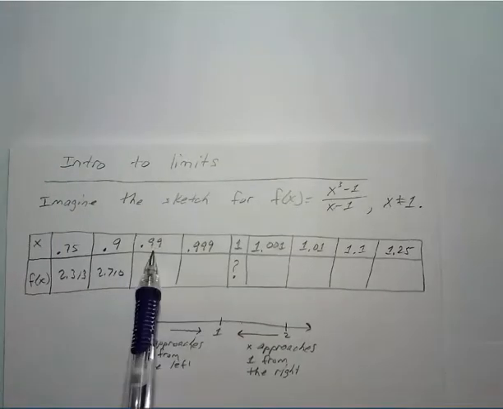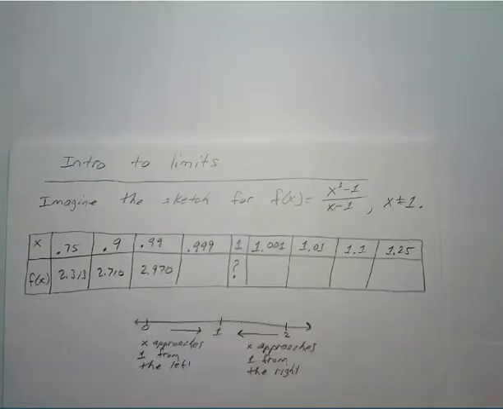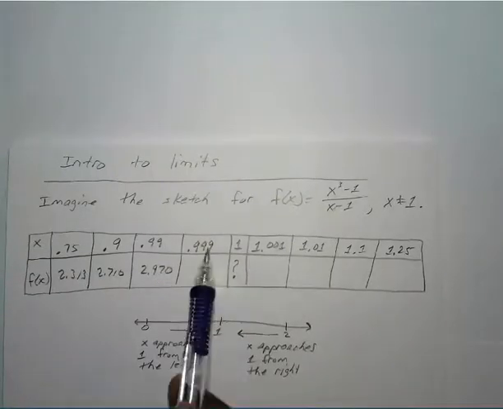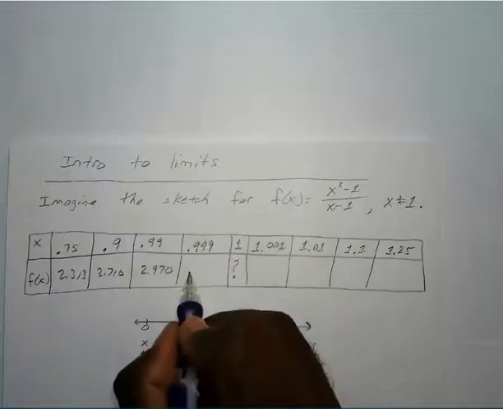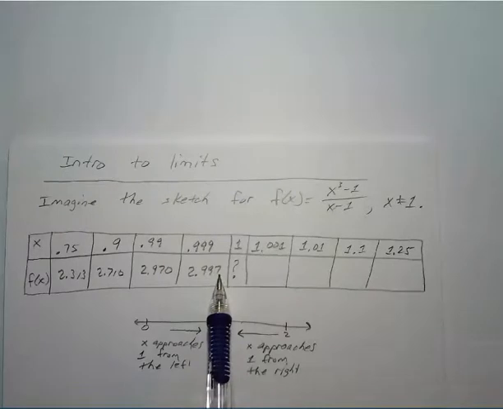If you plug in 0.99, you get 2.970. If you plug in 0.999, you get 2.997. So we get an idea of where we're going.